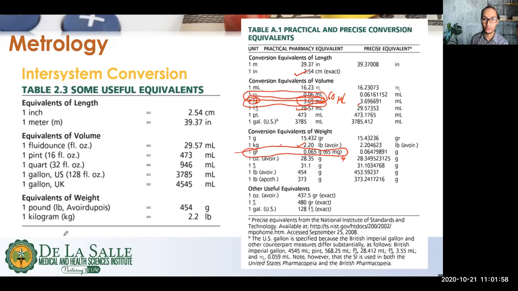We'll have your quiz after our class next week, since we did not get to the examples. Also next week, we will be having additional topics like the aliquot method of weighing and measuring and the least quantity method of weighing and measuring. We'll already discuss specific gravity, density, and specific volume. And if we still have time, we'll discuss alligation.